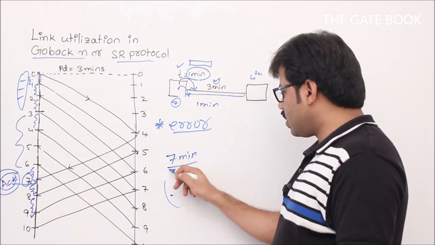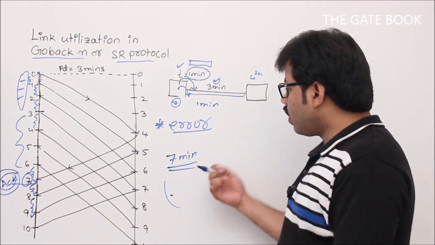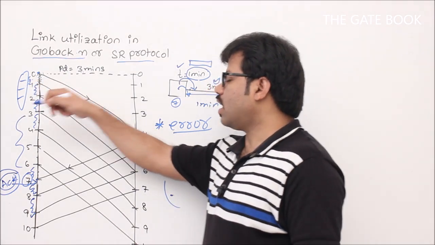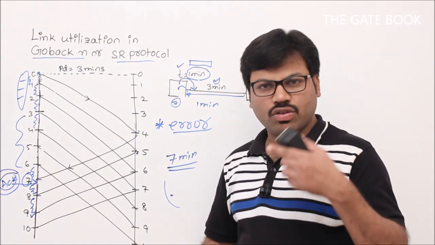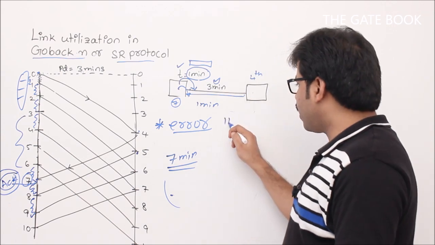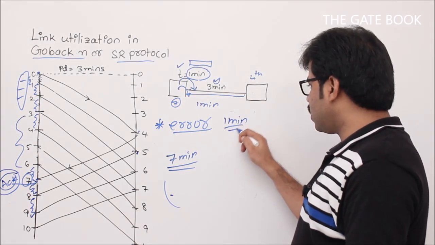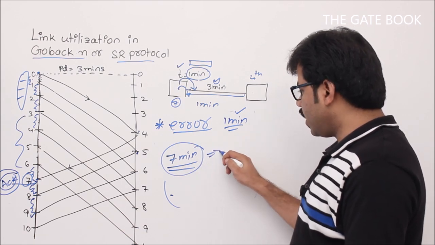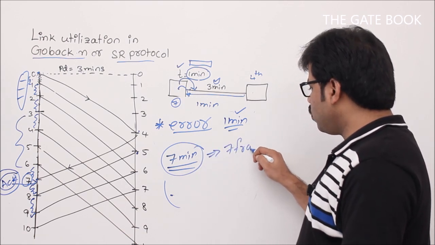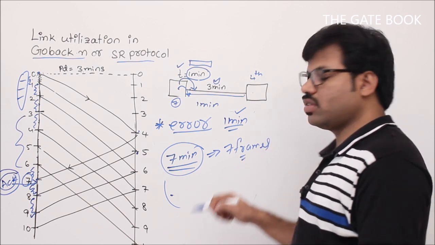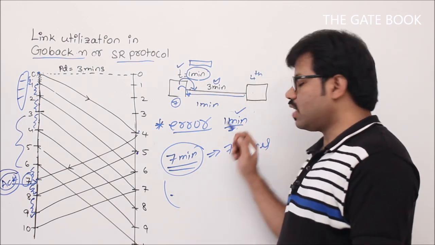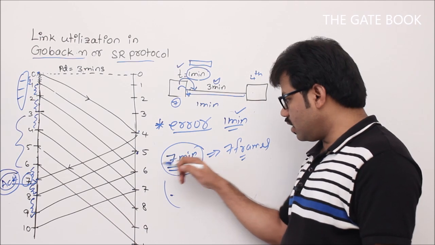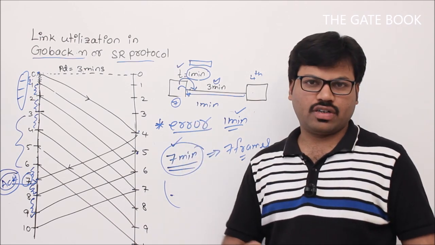So in 7 minutes of time, what is your transmission capacity? That means how many minutes do you require to transfer one frame? 1 minute. Since within 1 minute you are sending one frame, within 7 minutes you will be able to send 7 frames. That means your window should have that many frames. In that way, using the transmission time and this value we can compute it, correct?